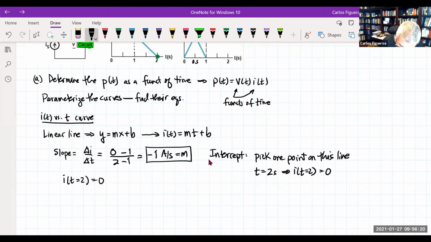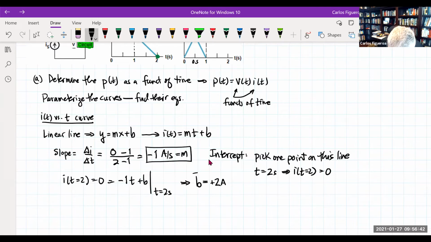But if I look at my equation, it's going to be what? Minus 1t plus b, but of course t is at 2 seconds. So when I look at that, that tells you that the intercept in this case is plus 2 amps.